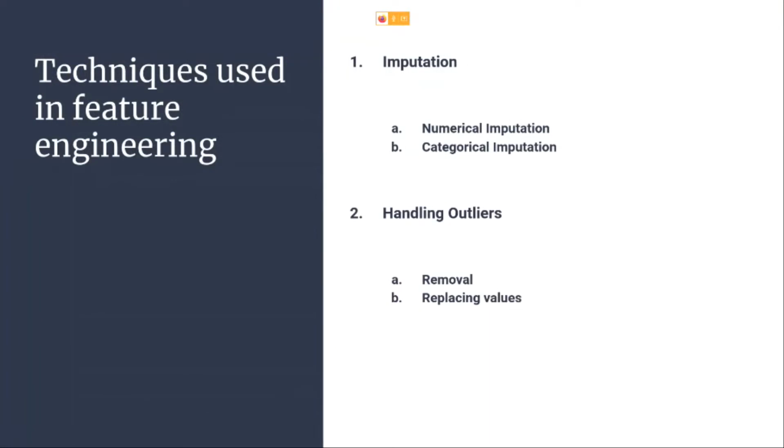Now some more techniques in feature engineering. I have already talked about imputation, which is basically handling missing values. There can be two types of variables, numerical and categorical. We have different techniques to handle numerical imputation and categorical imputation.